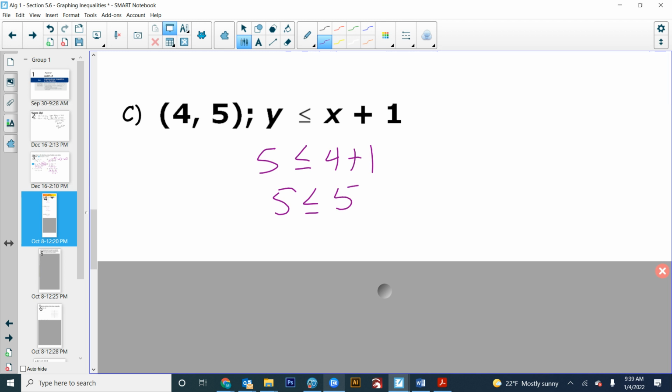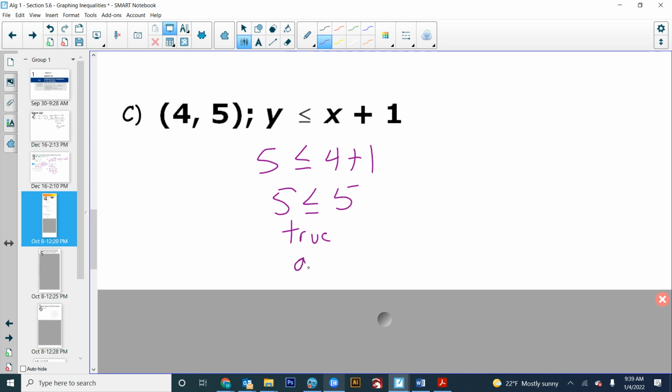Now, Jill, this would be what, guys? This is true. So what's that mean? This is a solution. Notice it's not the solution because that means there's only one. It's a solution. It's one of infinite ones, okay?